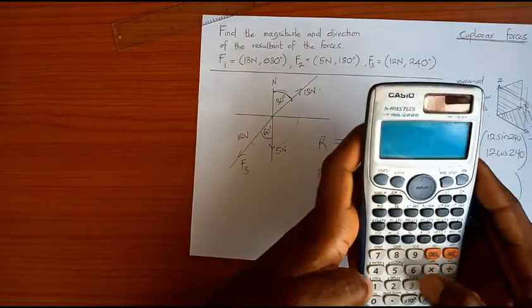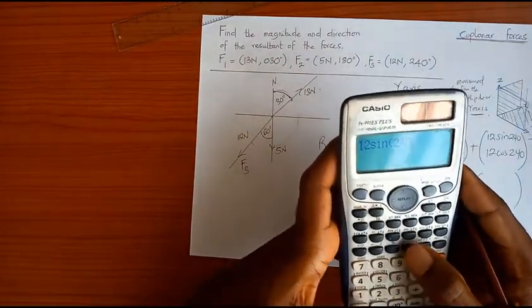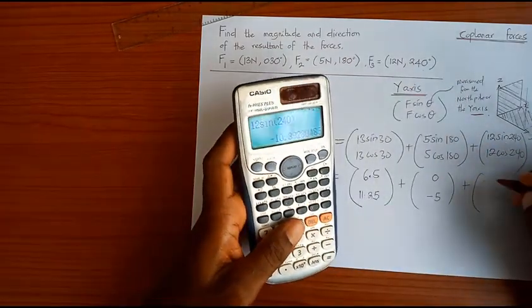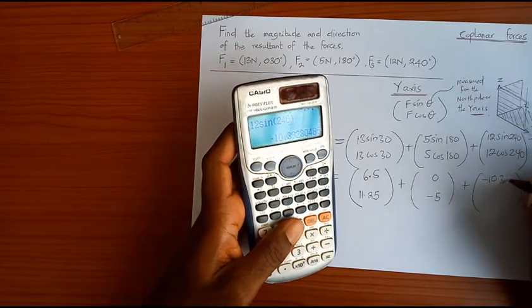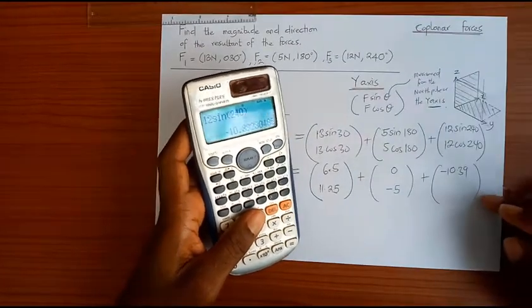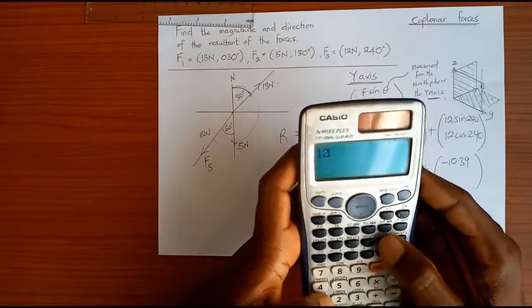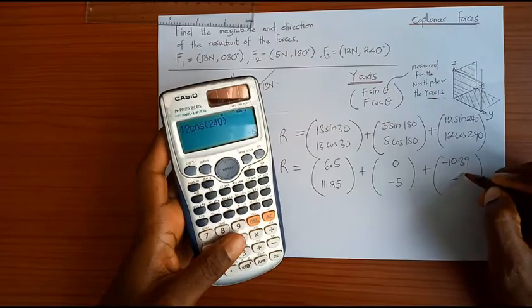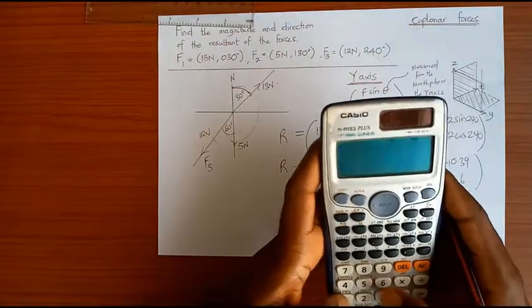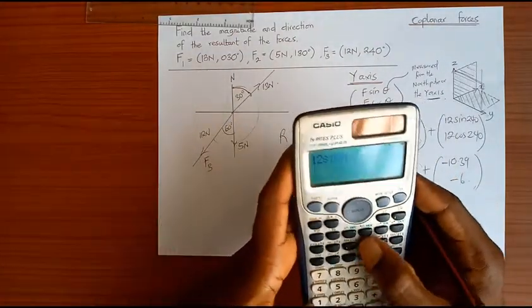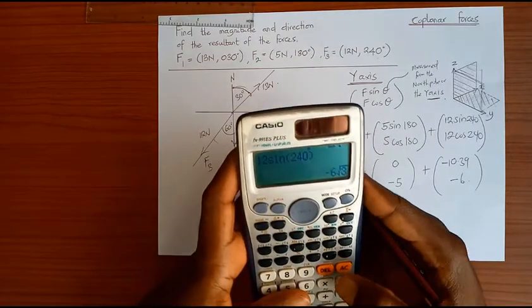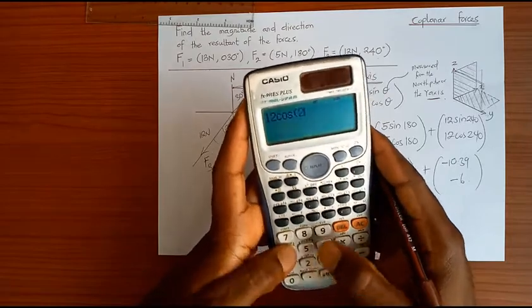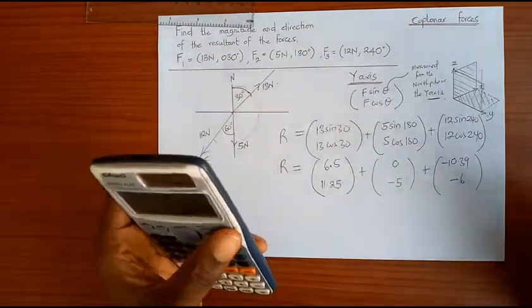Then 12 sine 240 gives me negative 10.39. Then 12 cos 240 gives me negative 6. So 12 sine 240, just cross-checking, negative 10.39, and 12 cos 240 is negative. So we are okay.